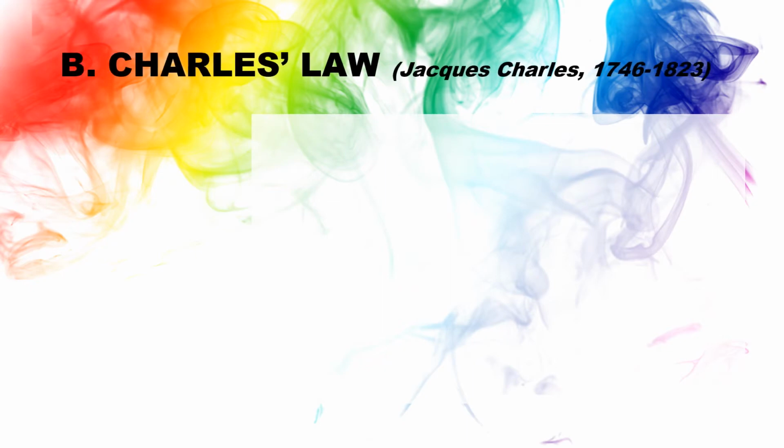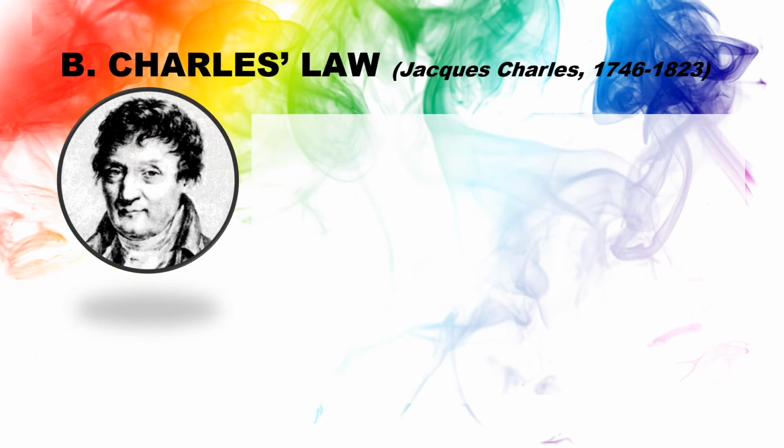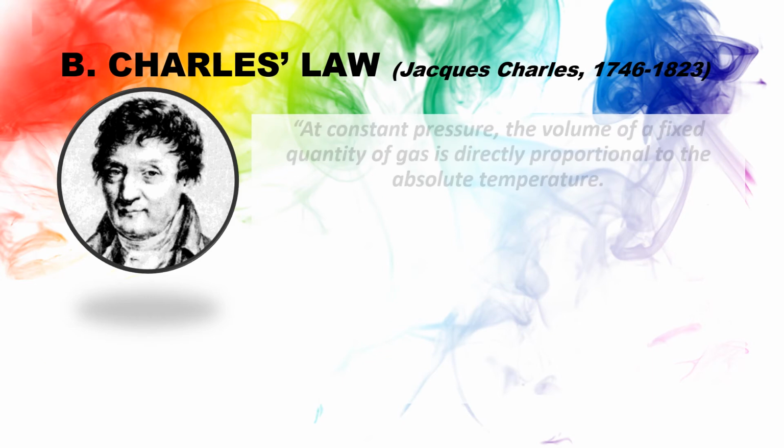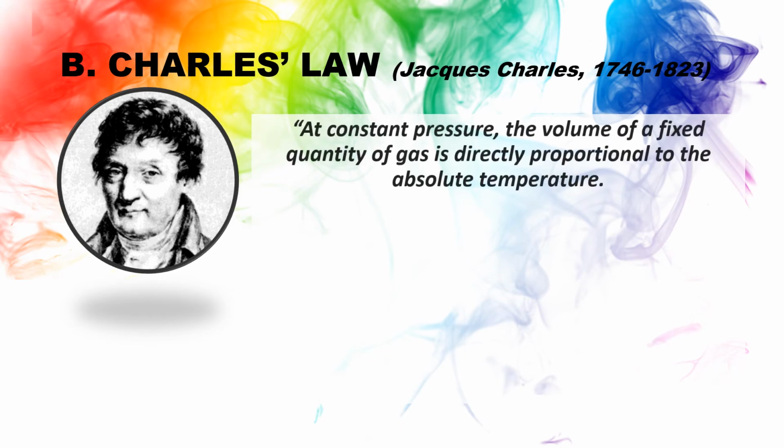Our next gas law is Charles' law, named after Jacques Charles. And Charles' law states that at constant pressure, the volume of a fixed quantity of gas is directly proportional to the absolute temperature. So, the relationship of volume and temperature is found in this gas law.